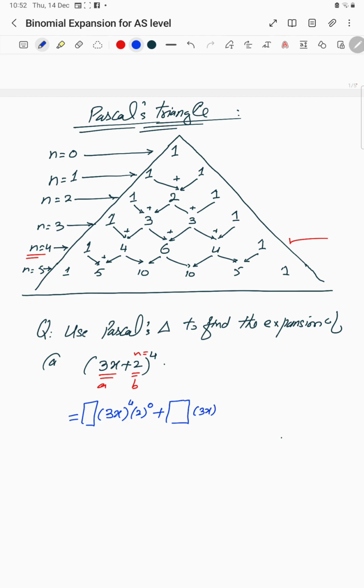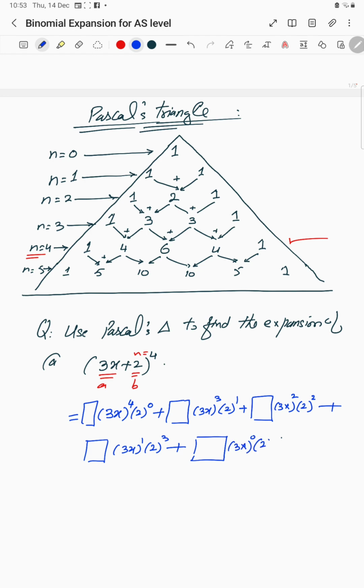So 3x power, this is A, as the rule defined, its power must successively decrease by 1, so it will be 3, and B power will increase successively by 1, plus again the coefficient will be here 3x power 2, 2 power 2, plus again the coefficient will be here 3x power 1, 2 power 3, plus the coefficient will be here 3x power 0, 2 power 4. Okay, we got the 4. This is the final term.